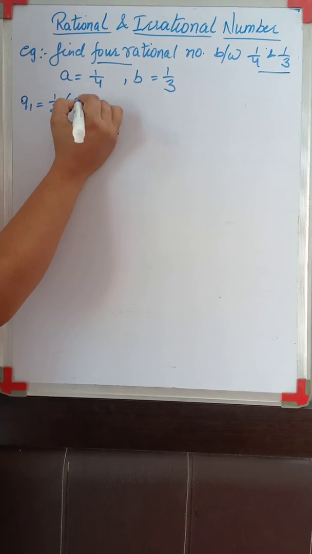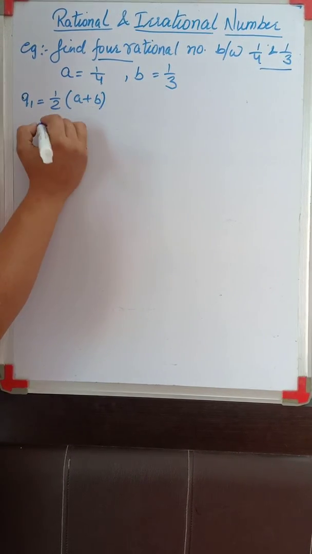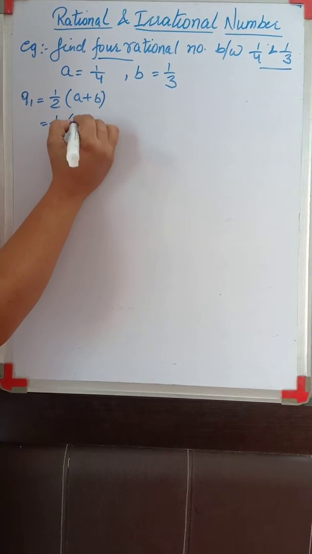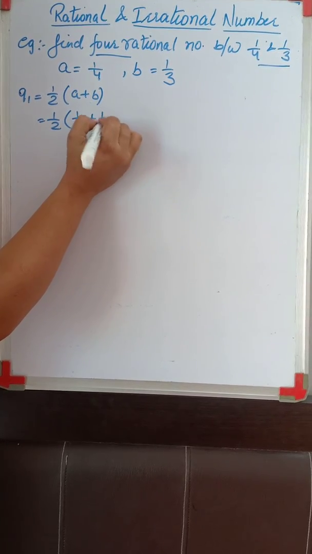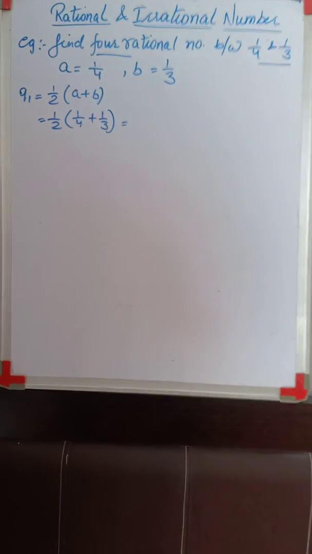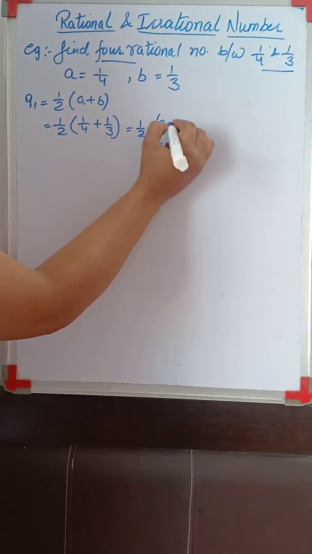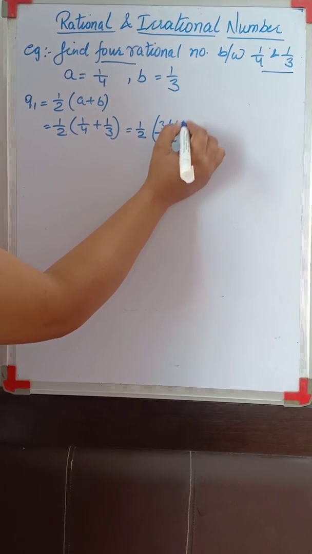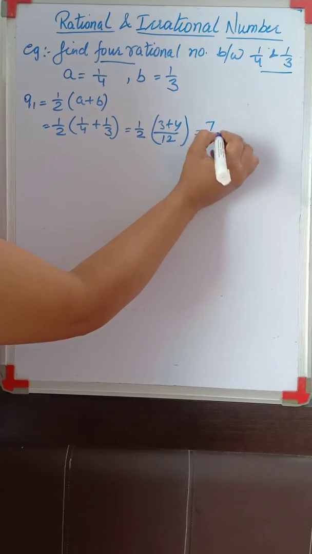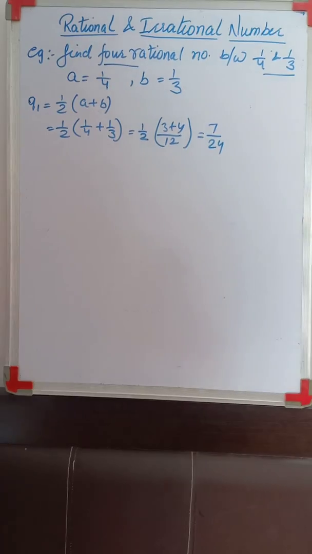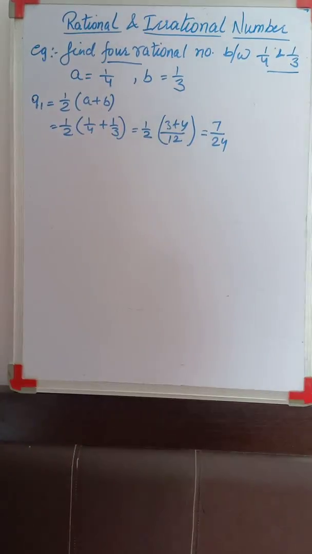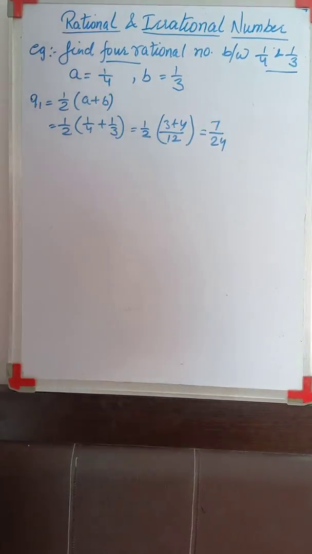Half of A plus B. So, it will be half of 1 upon 4 plus 1 upon 3, right? And when you add this, you will get 1 upon 2 into 3 plus 4 upon 12, and hence the answer will be 7 upon 24. So, 7 upon 24 is the number in between 1 upon 4 and 1 upon 3.